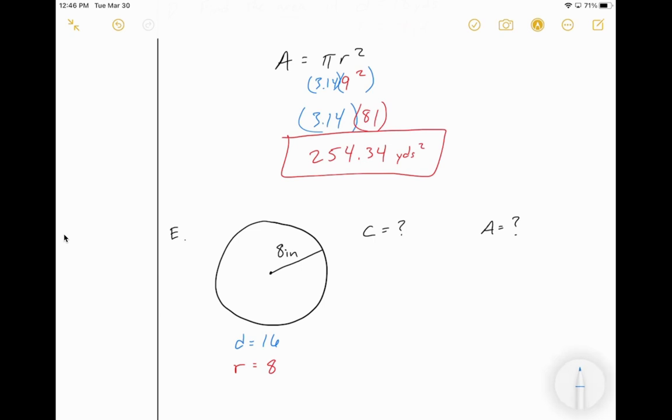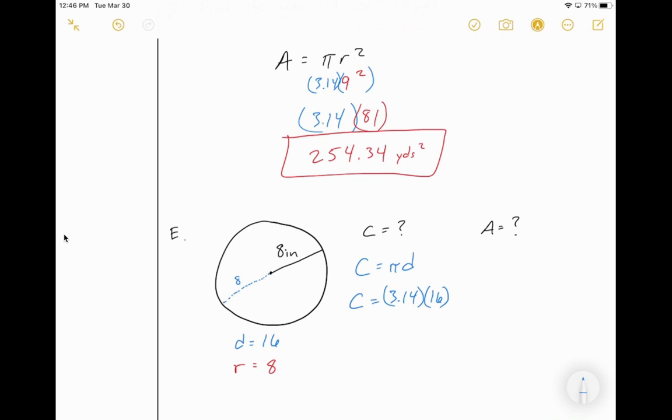All right. So this first formula is circumference is equal to pi times diameter. That's what we learned yesterday. So this is going to be circumference is equal to 3.14 times 16. Where did I get 16 from? Because remember, a diameter goes all the way across.